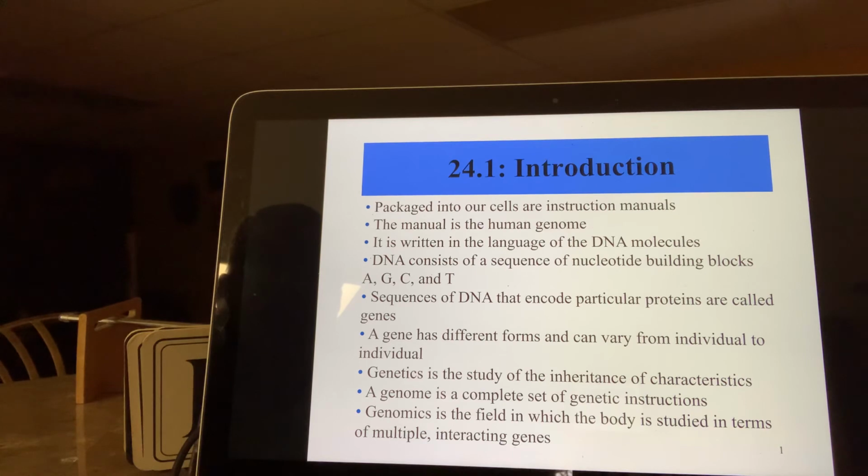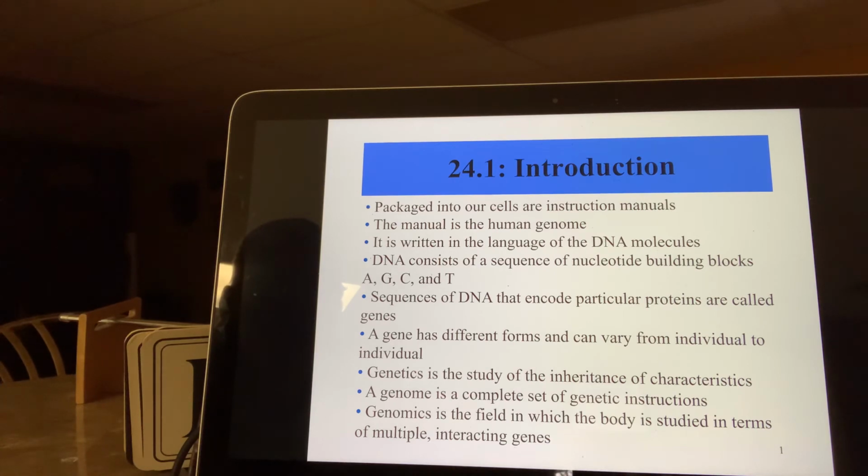DNA consists of nucleotide building blocks, and those nucleotide building blocks consist of a sugar, which is a deoxyribose sugar, a phosphate group, and then one of 4 nitrogenous bases.